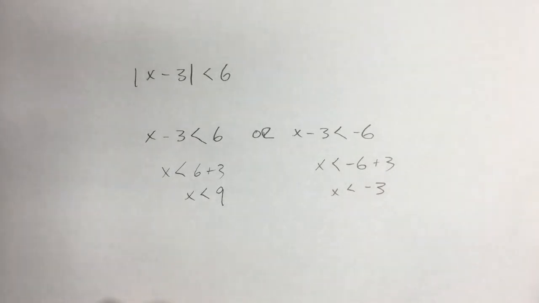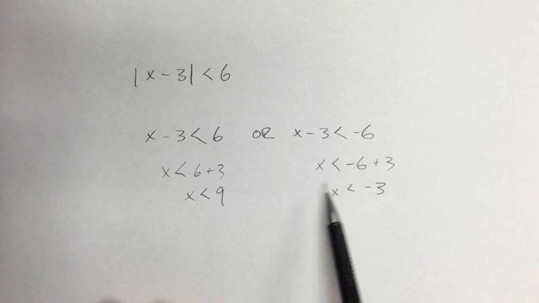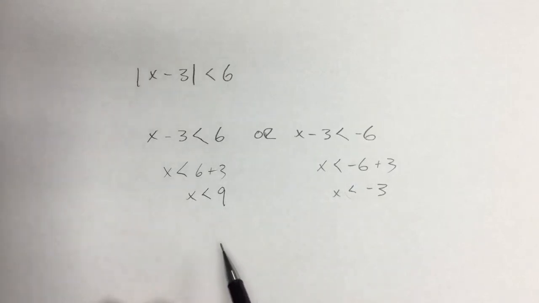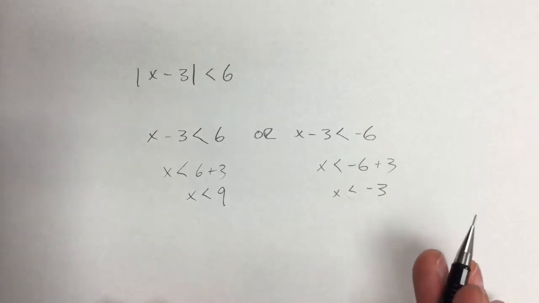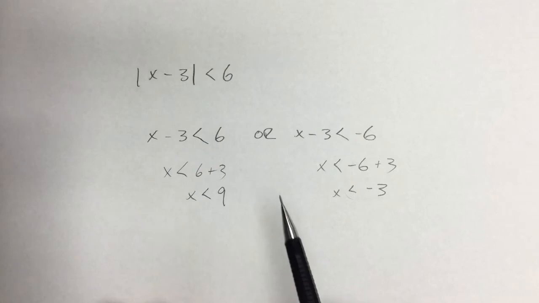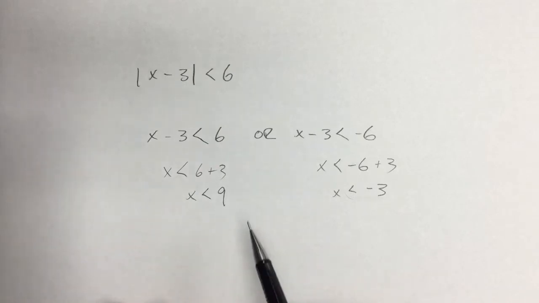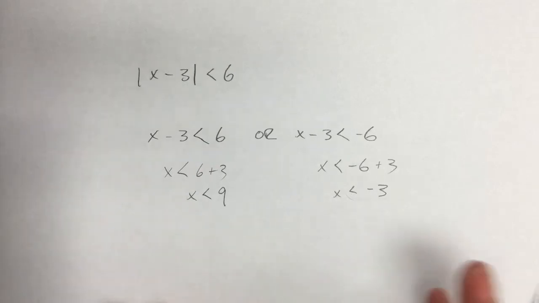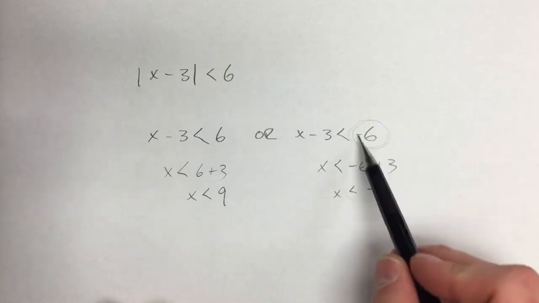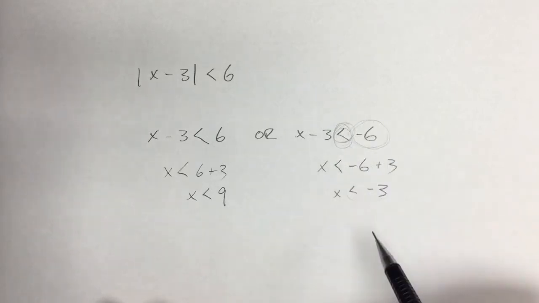But can we have x be less than negative 3 and less than 9? Possibly, but we want it to be able to be put into the middle, so x has to be greater than one of these. So what happens? Well, whenever we make this a negative, we need to flip the inequality symbol.